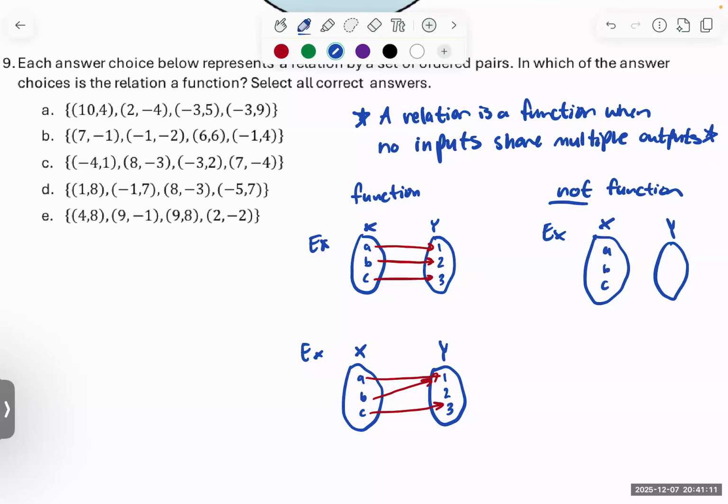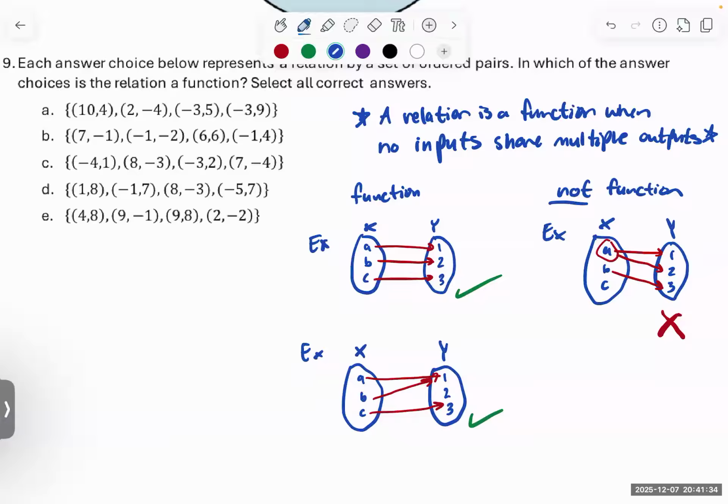But for example, this cannot be a function, because this output shares two inputs, so it's not. But these ones are fine.